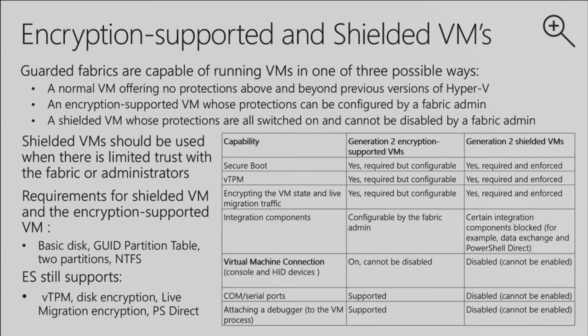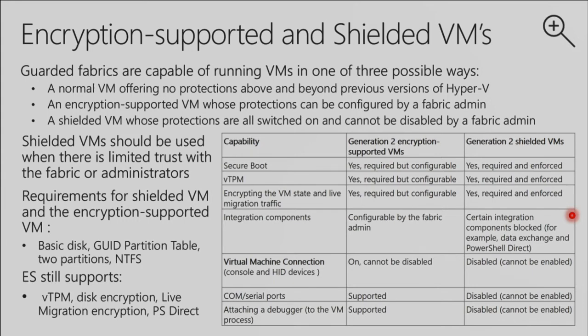By the way, if we're talking about a shielded VM, there is no way to have access from the Hyper-V management console to that machine. All options are grayed out. You cannot start the machine, you cannot reconfigure the machine, everything is grayed out. As a virtualization administrator, you have no access to any feature in that machine.